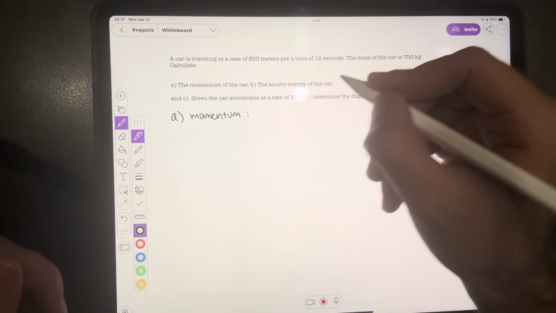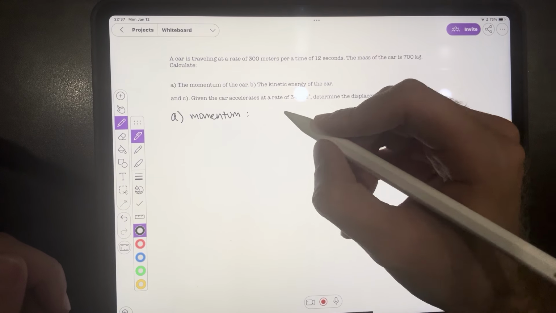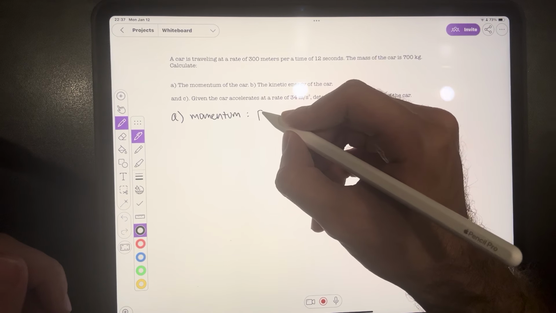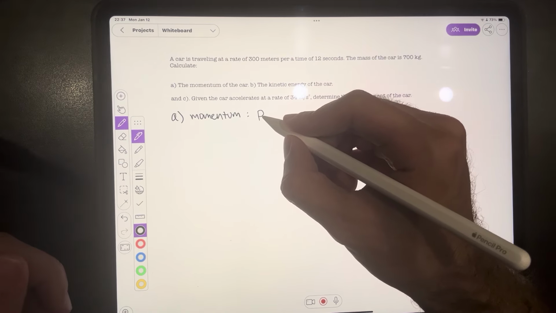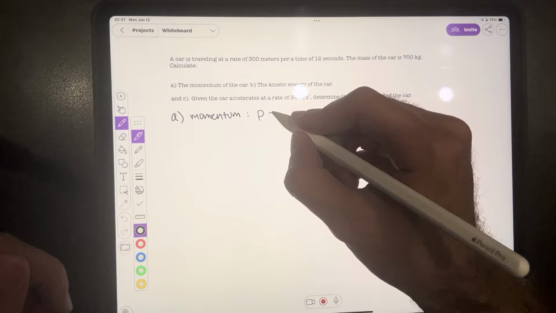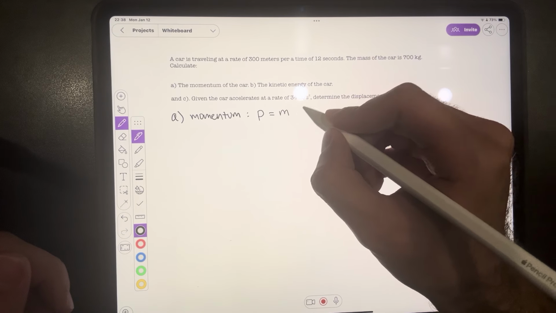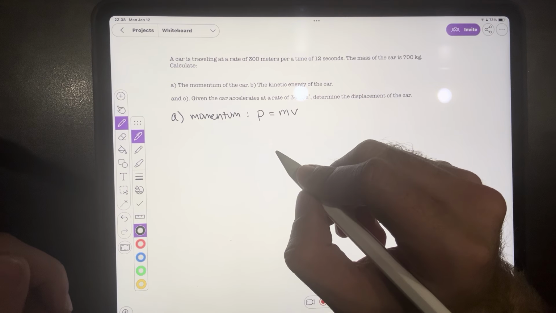Now, momentum is, in physical terms, described by P. And P, momentum, is equal to the mass times the velocity.